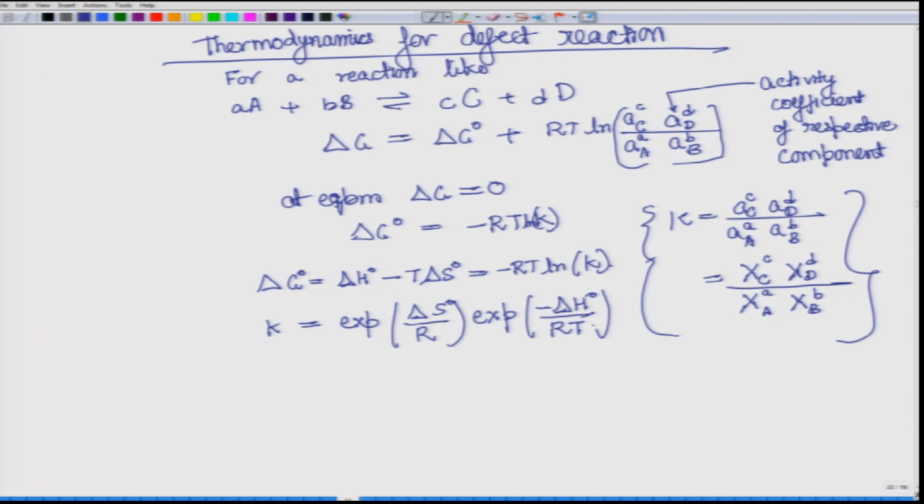The first thing you should note is that in this equation we are using R, meaning whatever energy terms we are using, delta S or delta H, have to be in per mole terms. If we translate it to a per electron term, then you can use k_B. Now, delta S naught is nothing but what we had earlier called the delta S formation, that is the same as delta S vibration, and similarly minus delta H naught here is nothing but minus delta H formation.